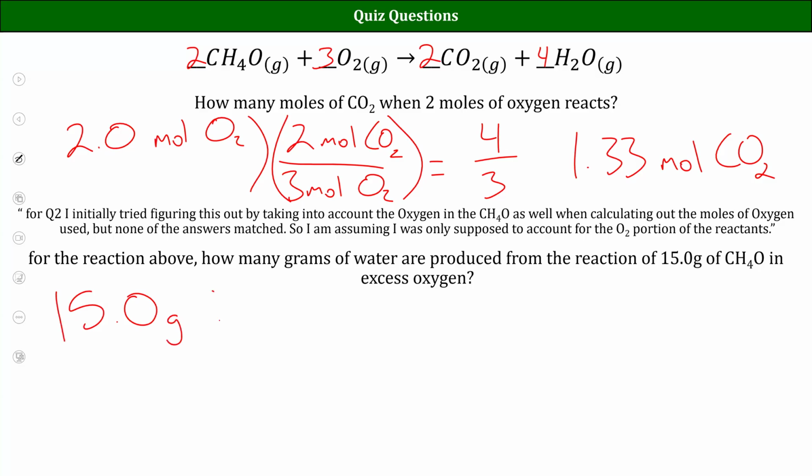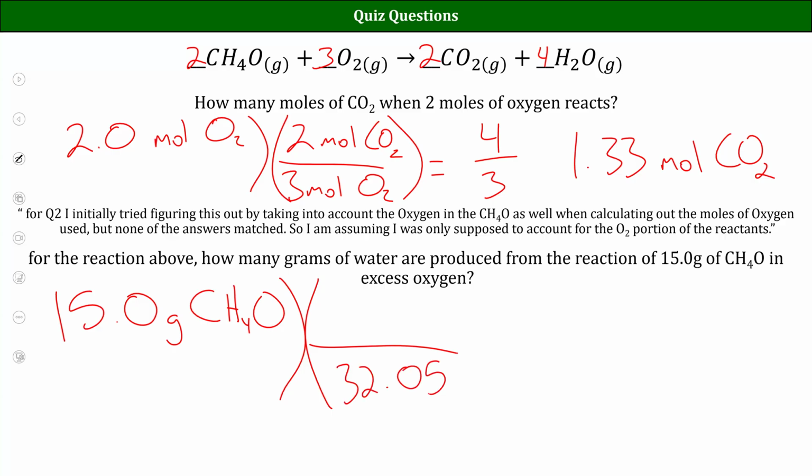15.0 grams of CH4O. We need the molar mass of methanol. So 12 plus 4 is 16 plus another 16 should be 32 or so, 32.05-ish. One carbon is 12.011. 4 hydrogens, each hydrogen is 1.008.